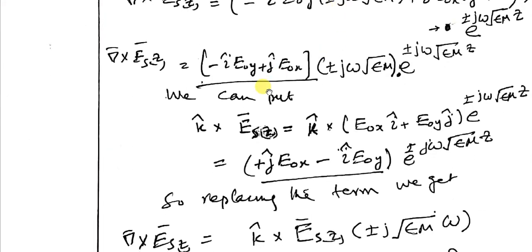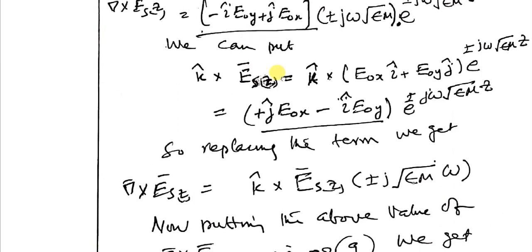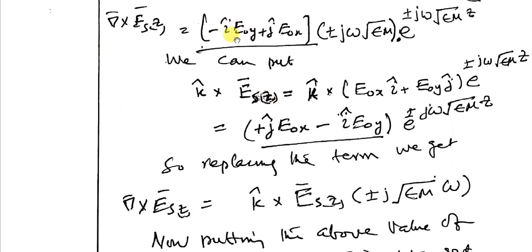The final result is minus i E naught y plus j E naught x times plus or minus j omega square root of epsilon mu, times e raised to plus or minus j omega square root of epsilon mu times z.